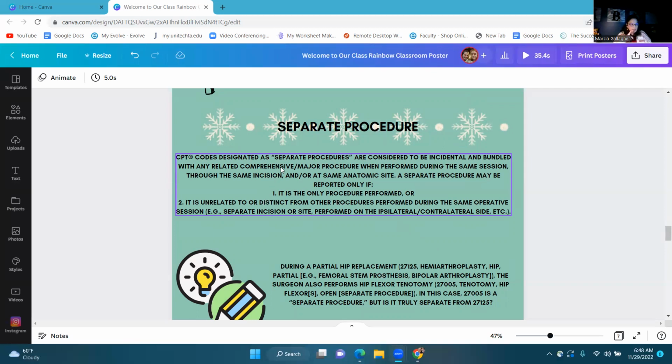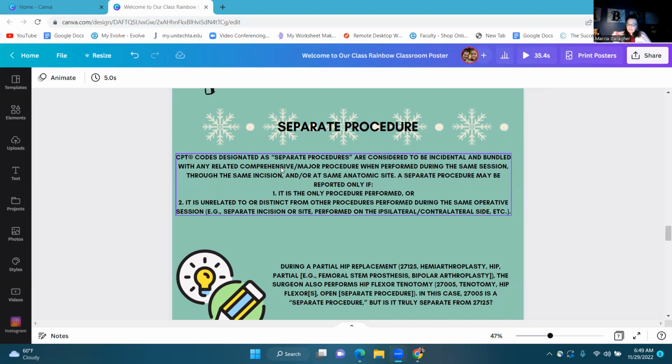Let's think. Okay, so say that she's going to have a partial hip replacement, but then she's also having a knee replacement. It's going to require two separate incisions, so it's going to be two separate procedures, which means you would append a modifier to let the insurance company know, hey, wait a minute, these are not going to be bundled together. These CPT codes cannot be bundled together and paid as one because they're separate.